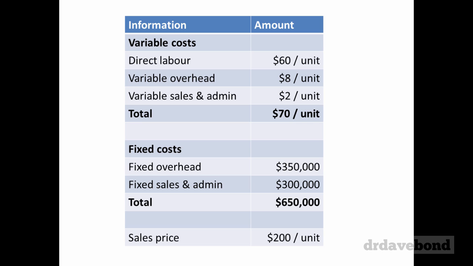Fixed costs, overhead, and sales and admin totaling $650,000, and an expected sales price of $200 per unit. So we're going to take this information and load it into the equation that we just created before.